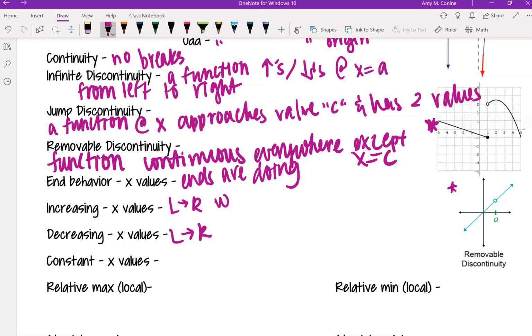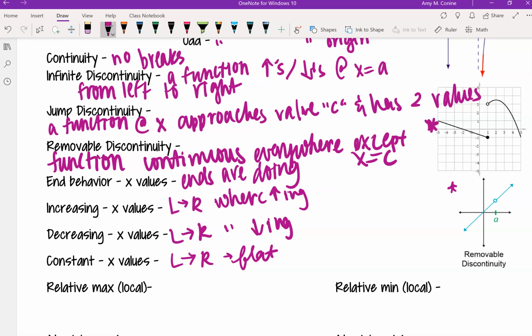And you're describing where your values are increasing and describing where your values are decreasing, okay? Constant, again, you're looking left to right. Where is your graph essentially flat from left to right, okay?